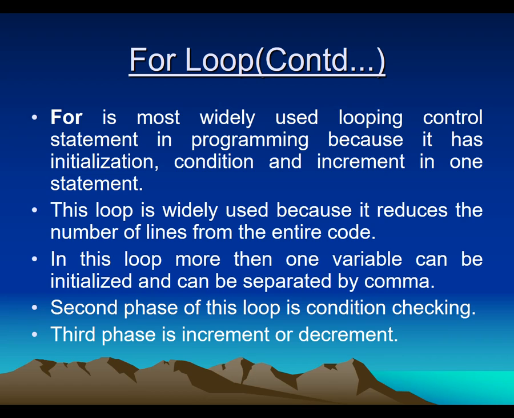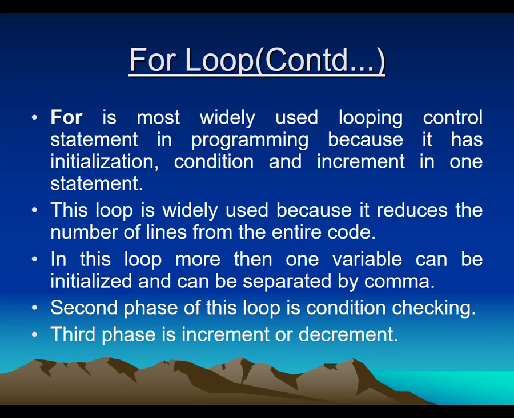Now the theory of the for loop says that it is the most widely used looping control statement in programming because it has initialization, condition, and increment or decrement in a single line.